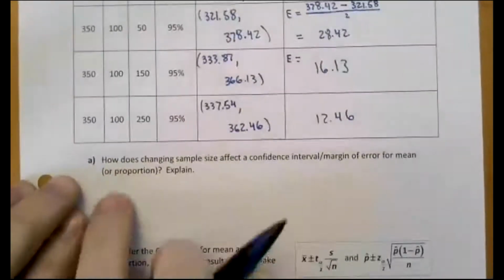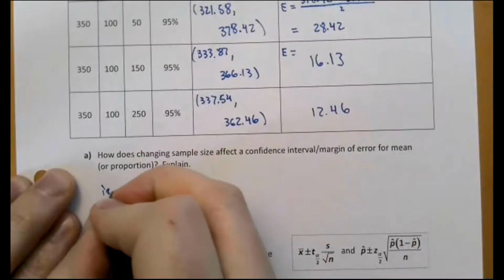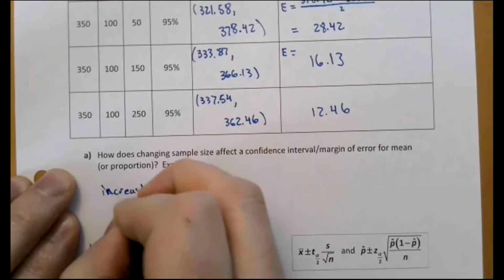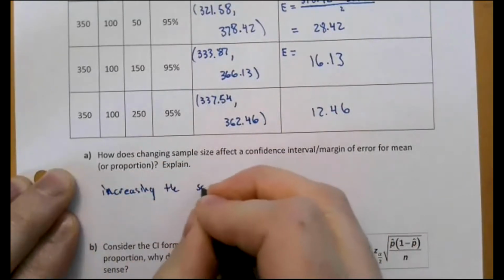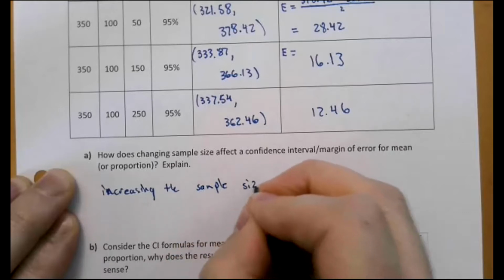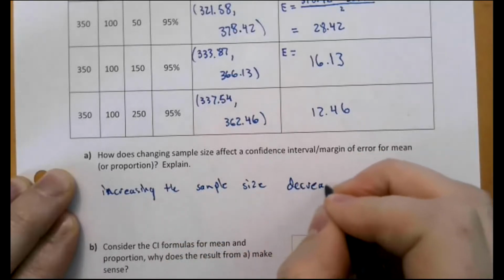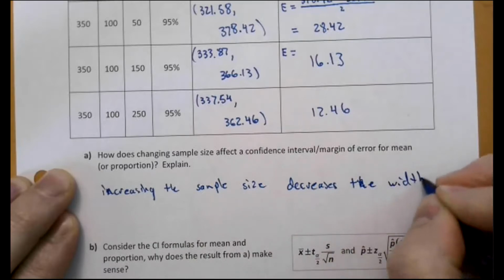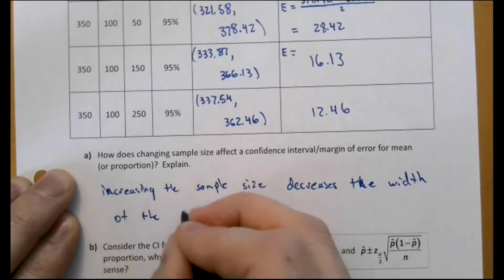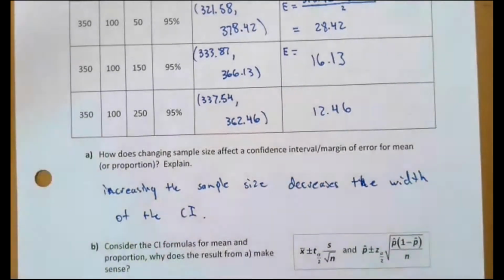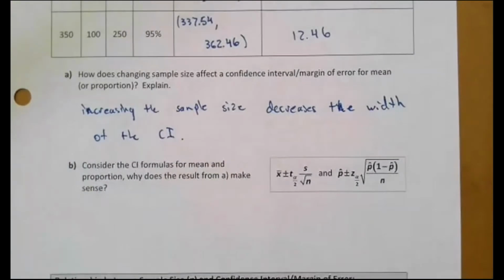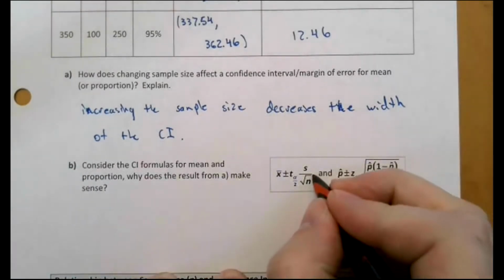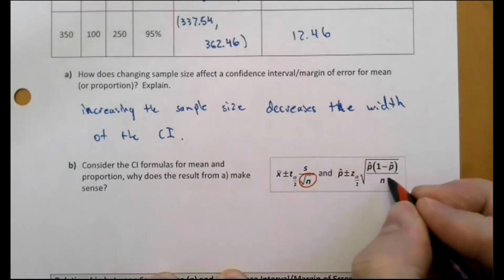We should write down what this does. Increasing the sample size decreases the width of the confidence interval. Now, if you look at the formulas, the place where the sample size comes into the calculation is right here.